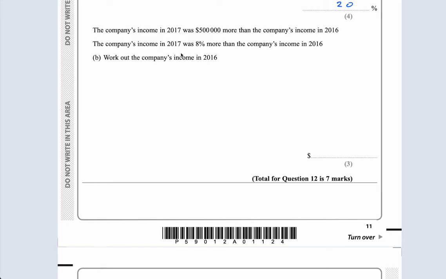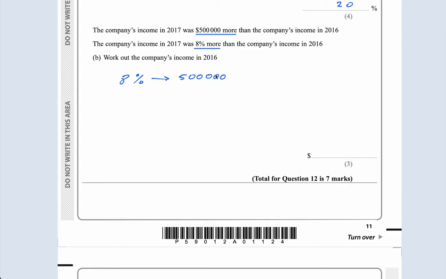But the simplified way to think about it is, it said their income was 8% more, and it says their income was 500,000 more. So what that's basically saying is 8% is equivalent to 500,000. And we want to find out what's 100%, because the 100% would be their income for 2016.